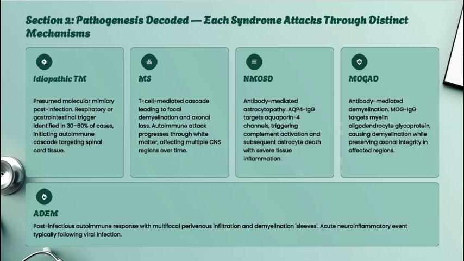Finally, ADEM is usually a post-infectious autoimmune inflammatory syndrome characterized by multifocal perivenous inflammation and demyelination. The practical takeaway is straightforward. The same clinical syndrome, acute myelitis, may reflect entirely different disease mechanisms.